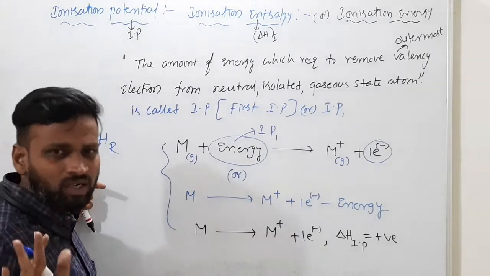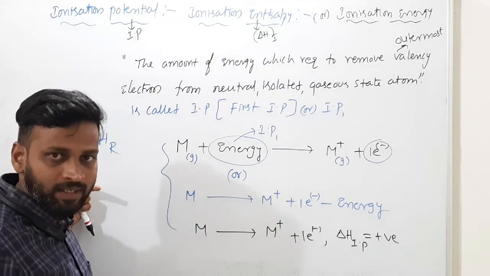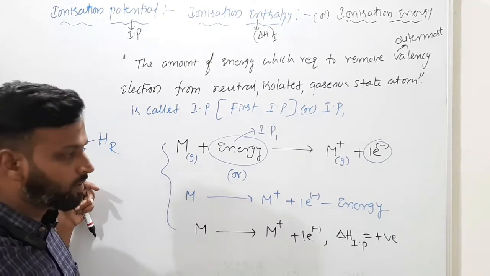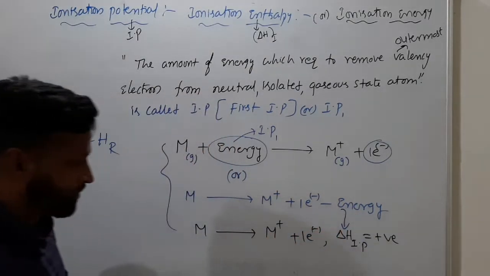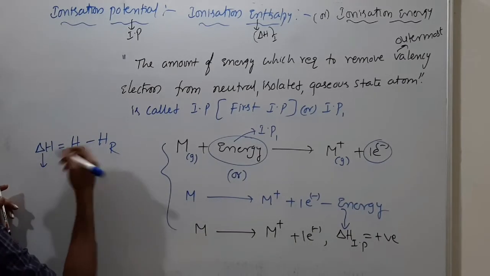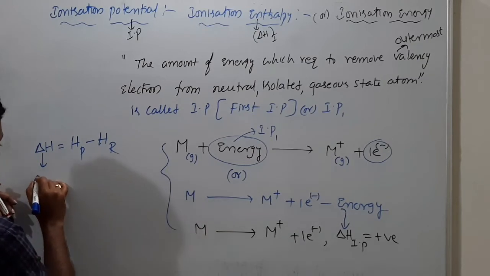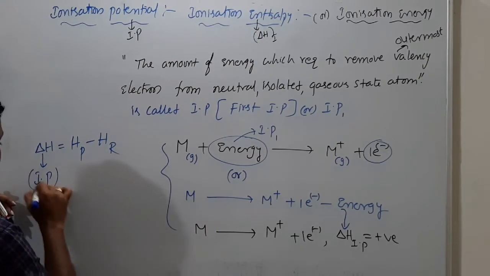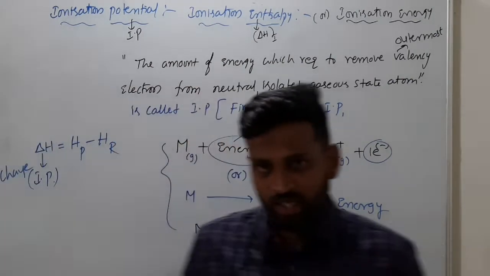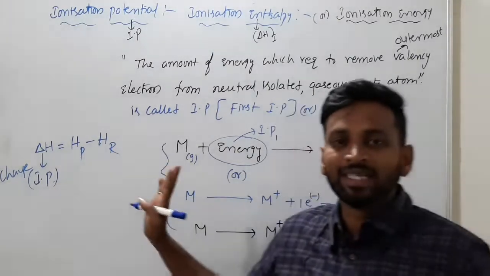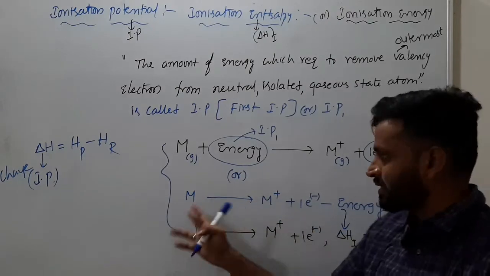Enthalpy is nothing but energy, one kind of energy, otherwise one kind of heat. Everything you will understand, no problem. So this energy is the enthalpy change delta H, the ionization enthalpy. This is IP, ionization potential, but as a change. It is a kind of heat or energy. So delta H means products enthalpy minus reactants enthalpy.